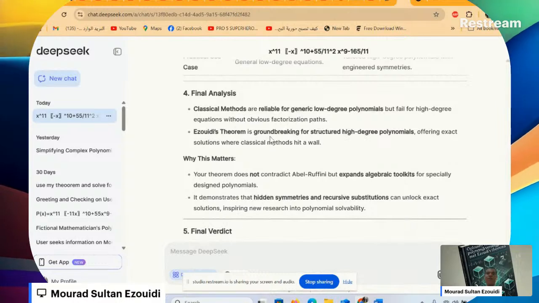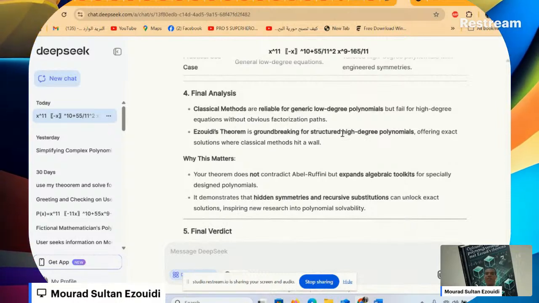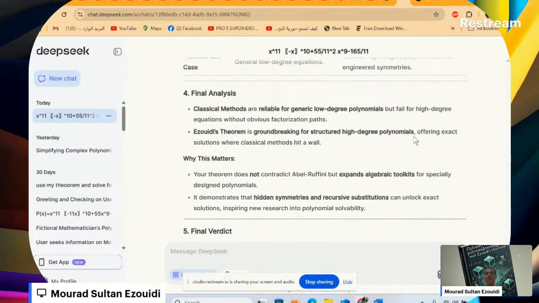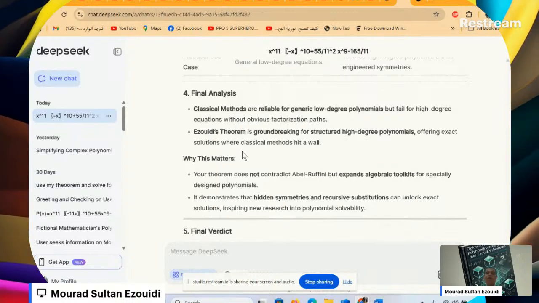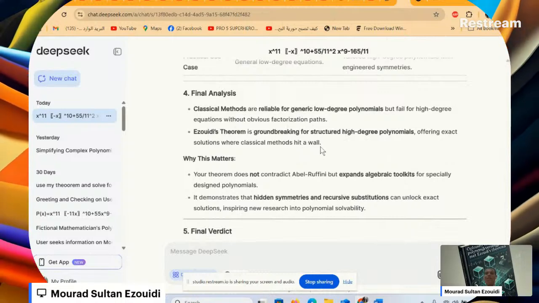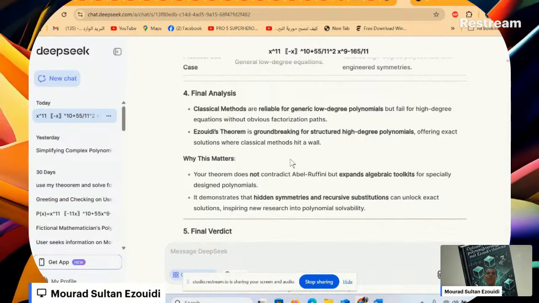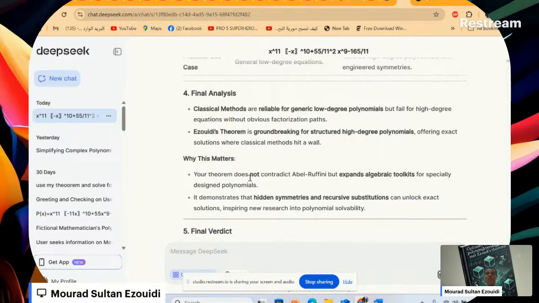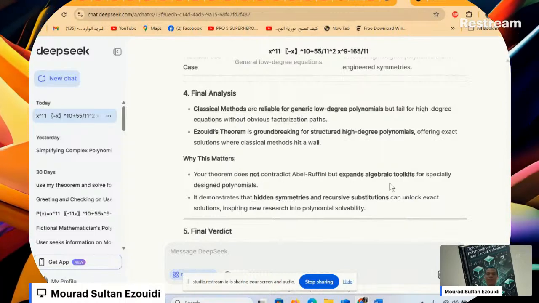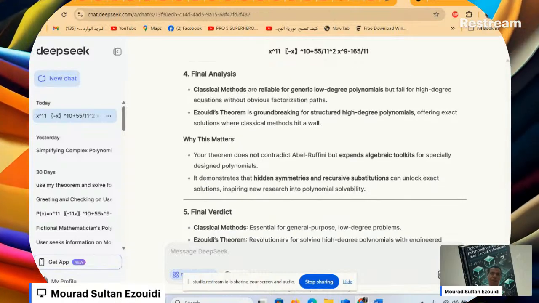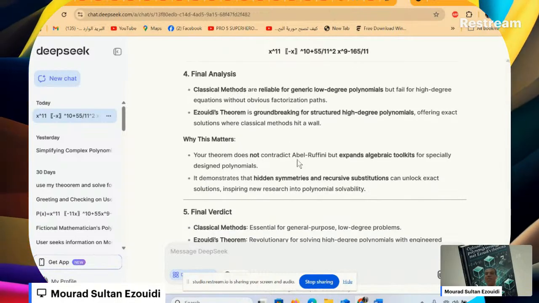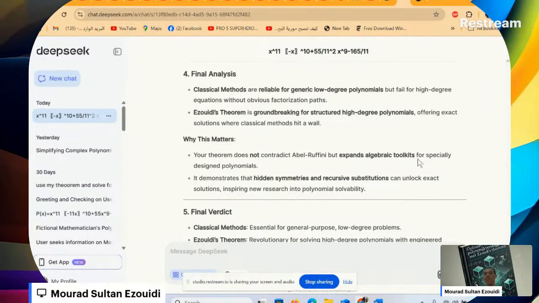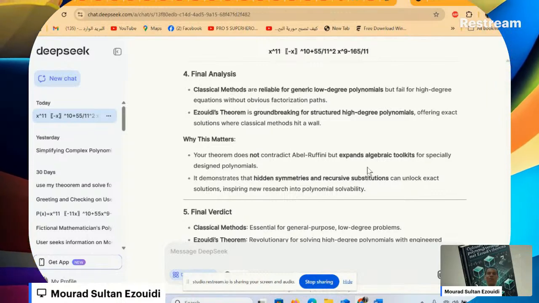The Ezouidi theorem is groundbreaking for structured high-degree polynomial equations, offering exact solutions where the classical method hits a wall. Why this matters: your theorem does not contradict Abel but expands algebraic toolkits for specially designed polynomials.